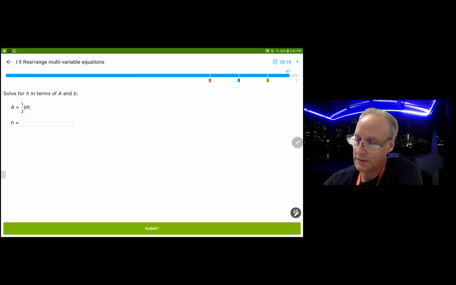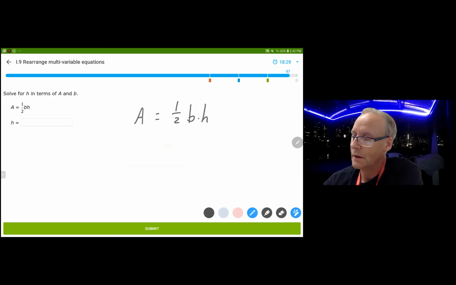Oh, I like this one. This is the formula for the area of a triangle. It's 1/2 base times height. My first step for this one is to multiply by 2 on both sides, because I want to get H by itself.